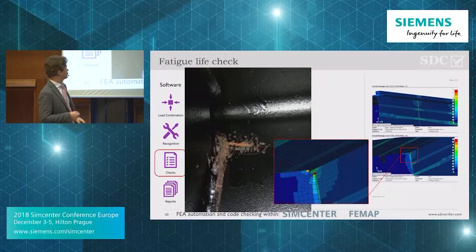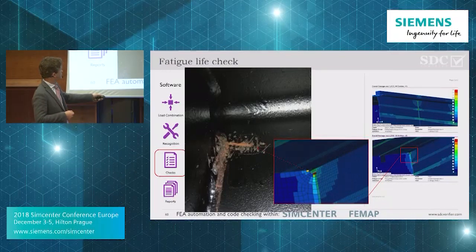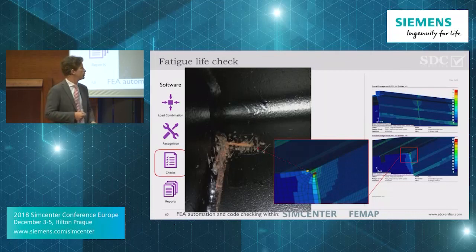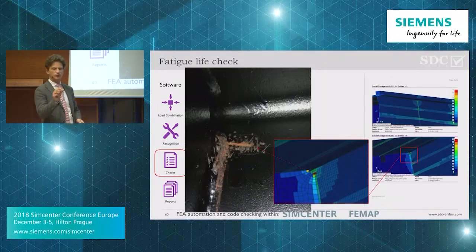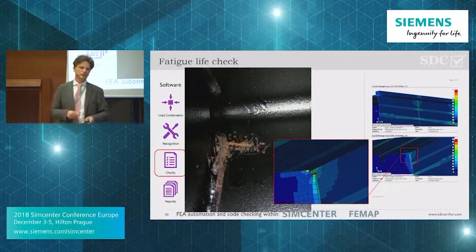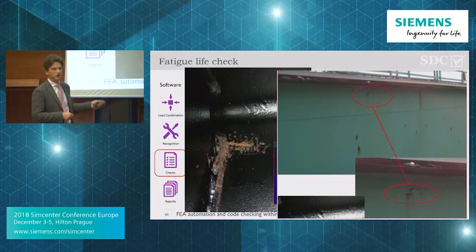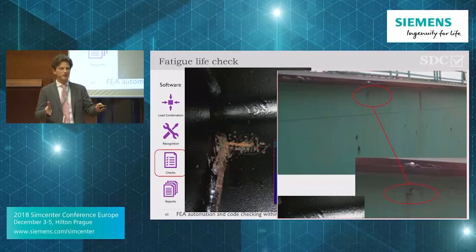This is an example of this same crane where we found a very high stress fatigue resistance problem, and we found a crack, not very big, around 2-3 centimeters, and this is inside the crane, so you need to do an inspection, and maybe I think they do this once a year.